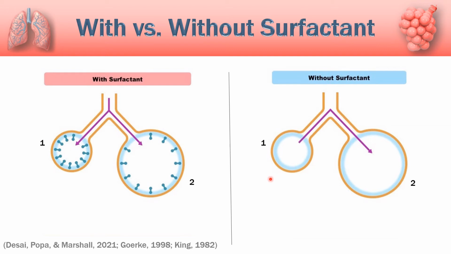Number 1 here also is more likely to collapse, meaning that it will be harder for the person to take air into the alveoli because it just can't expand to full capacity. This situation here is a big part of people who have major breathing problems due to pulmonary surfactant. Typically speaking, it's because they have a deficiency in pulmonary surfactant that we see the major issues.